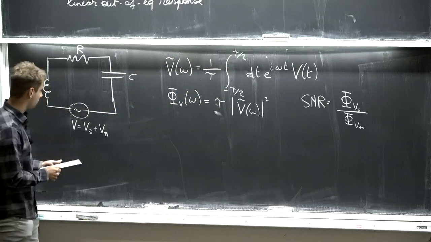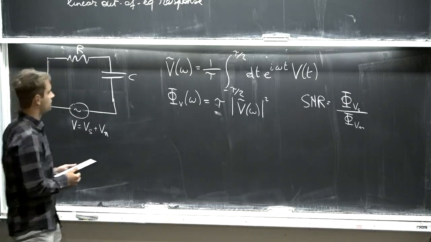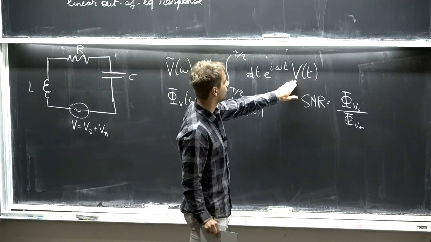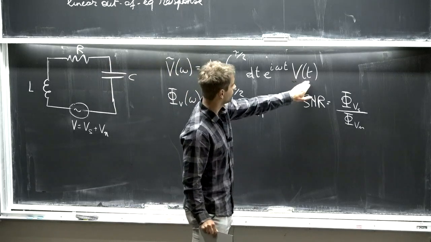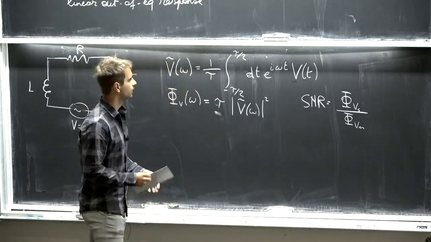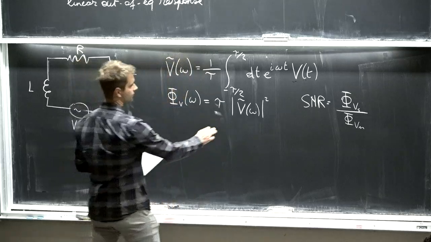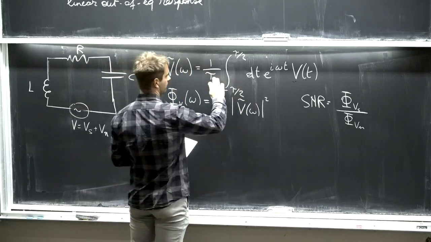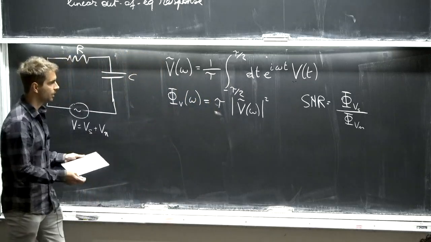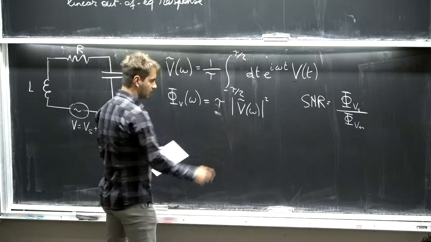Okay, and so if you look at this formula, for example, if a monochromatic voltage, so if it's just a pure harmonic function, then this v tilde of omega will just be the amplitude of your harmonic, and your signal voltage will scale like tau times this amplitude squared.